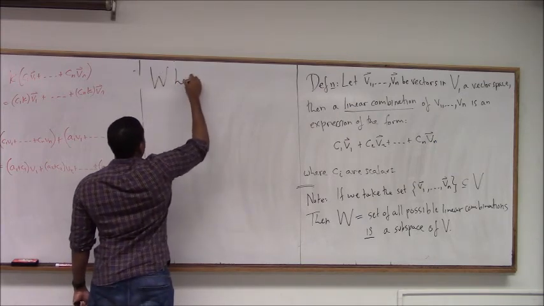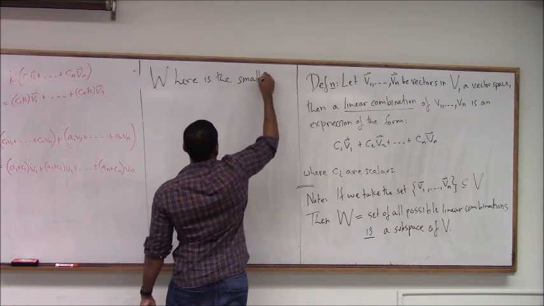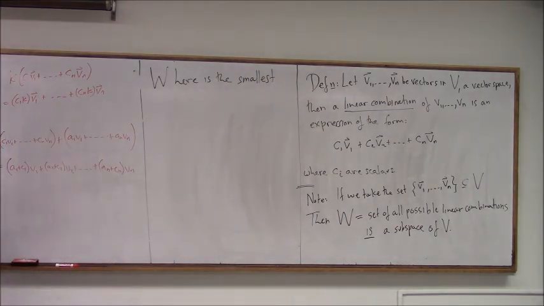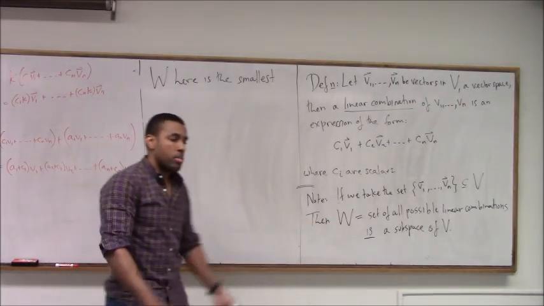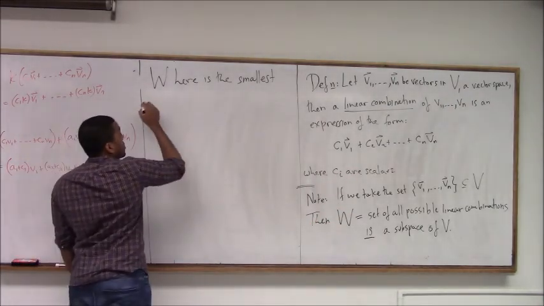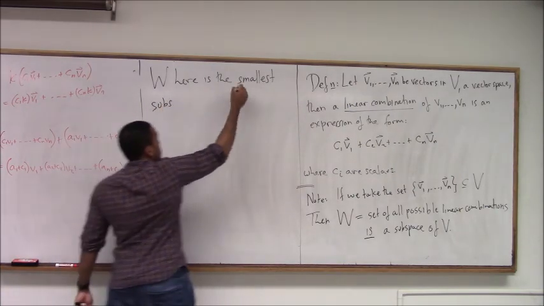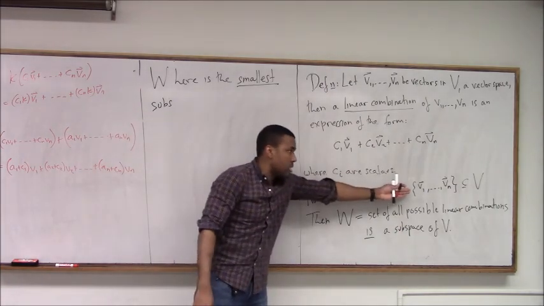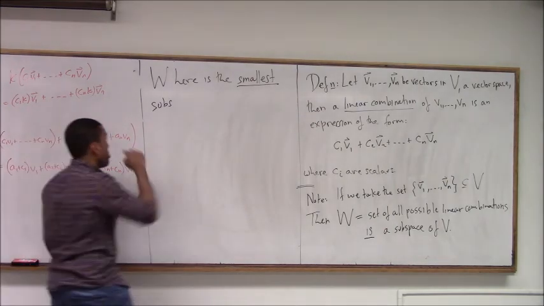W here, it turns out, is the smallest. You want to construct the leanest possible subspace of a vector space that contains a few vectors. What you're looking at is the set of all linear combinations of those vectors. Any other subspace of this vector space that contains these vectors will be larger than or equal to the set of linear combinations.